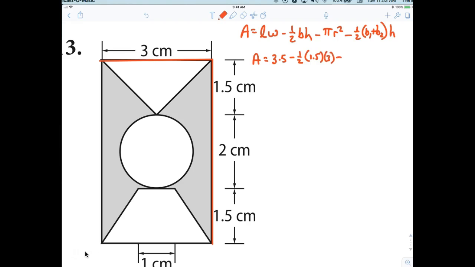Minus. Now, I need to figure out the radius of the circle. Somebody said 1.5. It's 1. The reason why it's 1, look. The first thing I did was I looked here and I looked here. The one horizontally, I can't really figure it out.